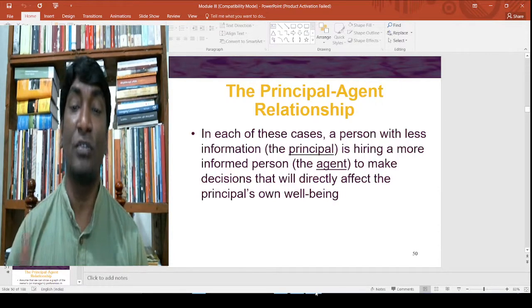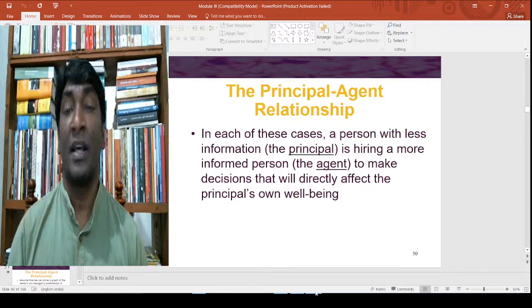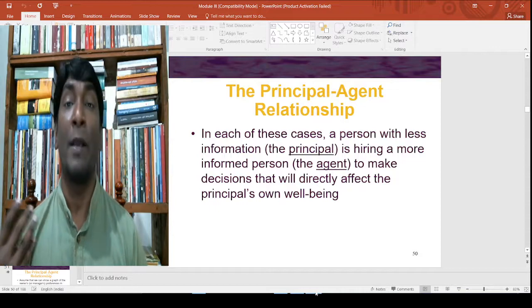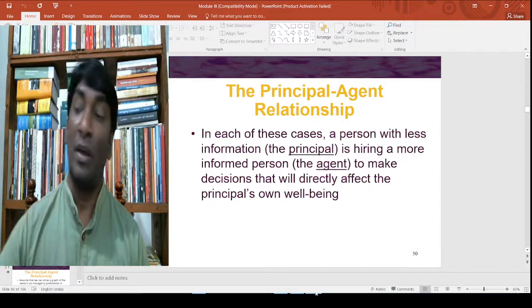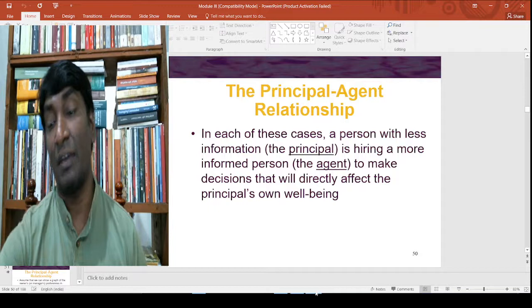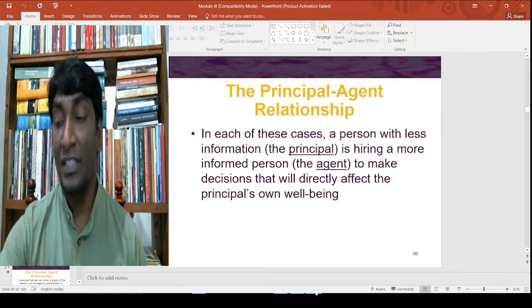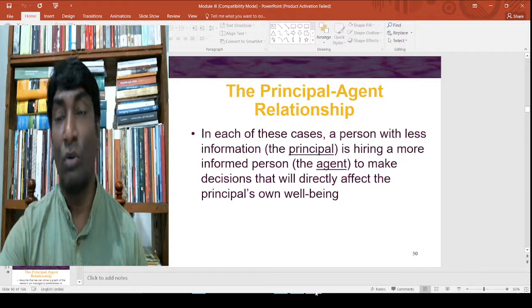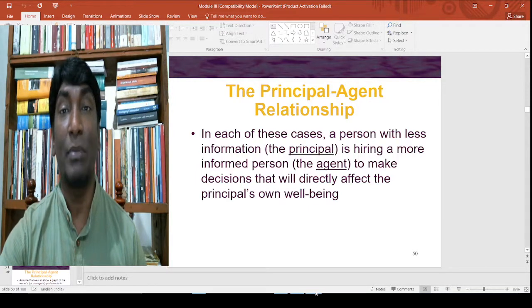In each of these cases, a person with less information, the principal, is hiring a person with more information, the agent, to make decisions that will directly affect the principal's own well-being. This is called the principal agent problem. The different levels of information also create a relation between these two individuals, the principal and the agent.